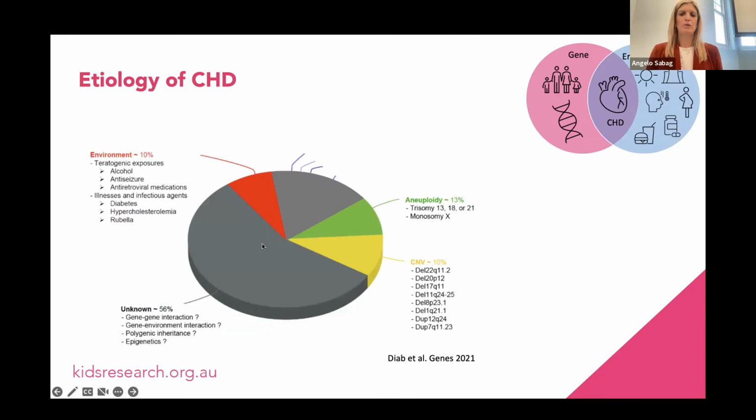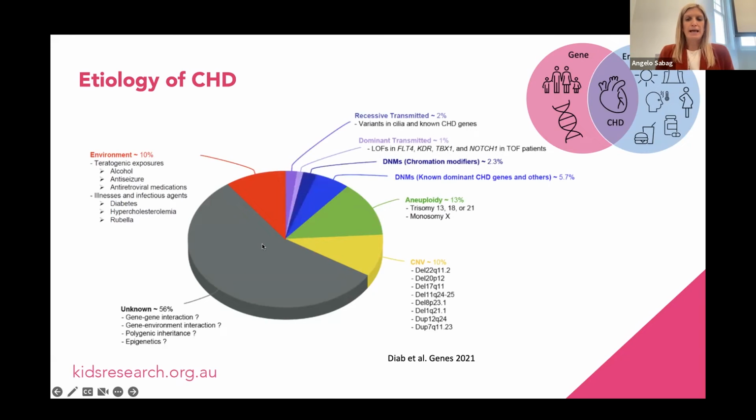So what do we know about the causes of congenital heart disease? Well, prior to the genomics revolution, we used to say that we know the cause of about 20 to 30% of cases we see, but for the vast majority, about 70 to 80%, highlighted in grey, the cause was unknown. And it was assumed to be multifactorial in origin, so implicating multiple genetic factors and environmental factors in disease causation.